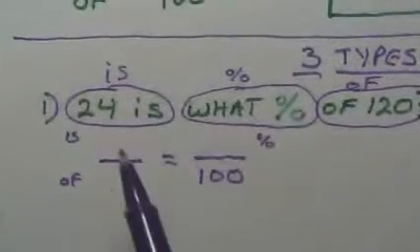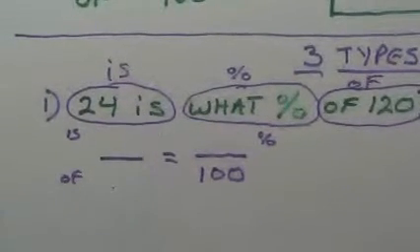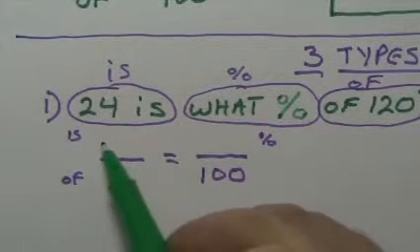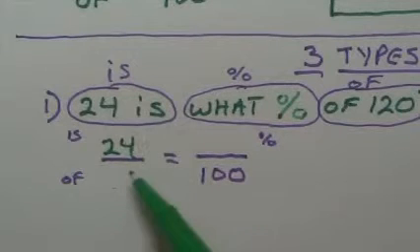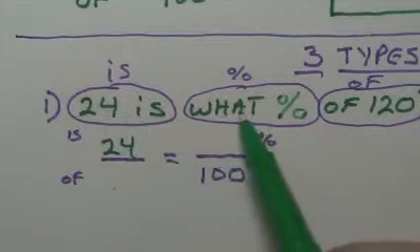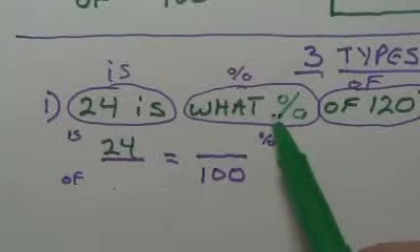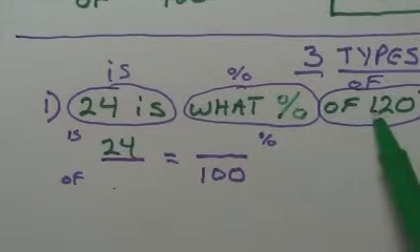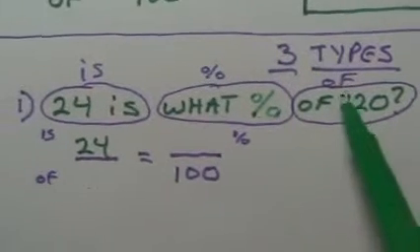So, this is my is number, 24. Where does that go? It goes up here in this corner, because that's where the is number goes. What percent? There's no number there for percent. Of 120. That is my of number. Where does the of number go?